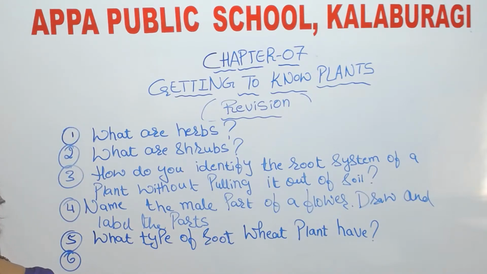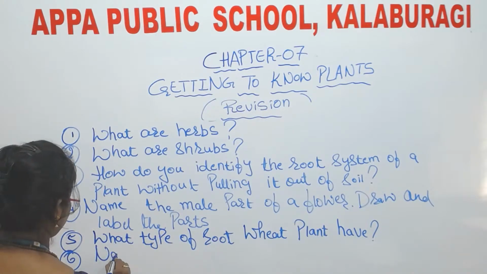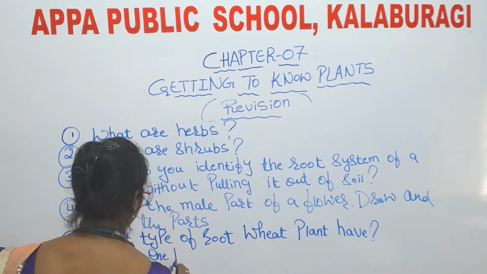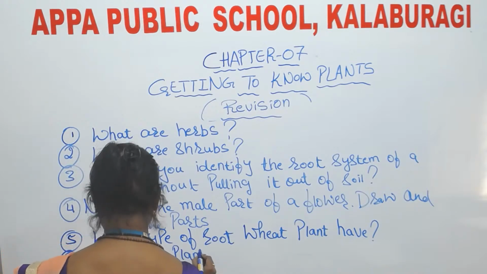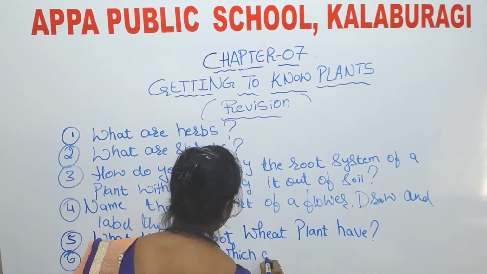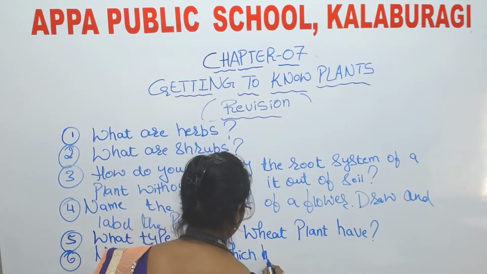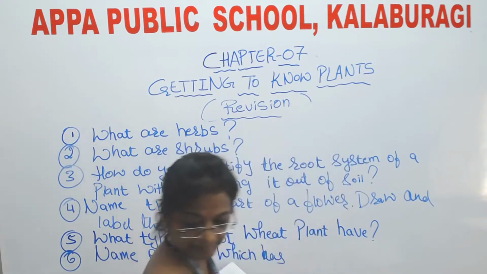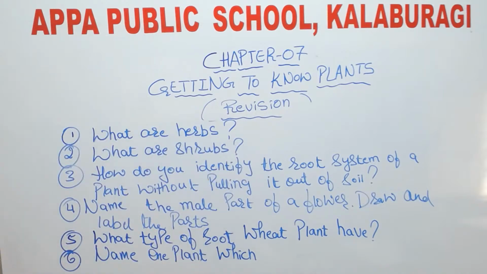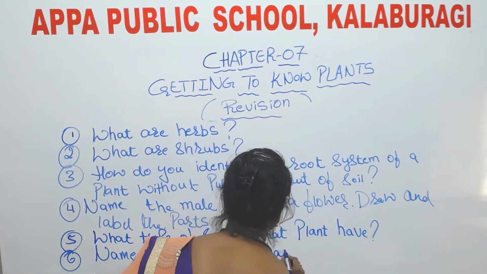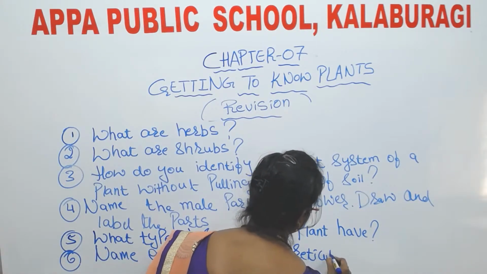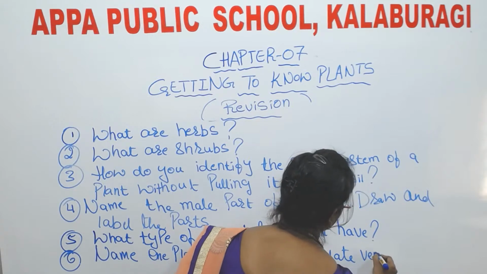The sixth question is, name one plant which has reticulate venation.